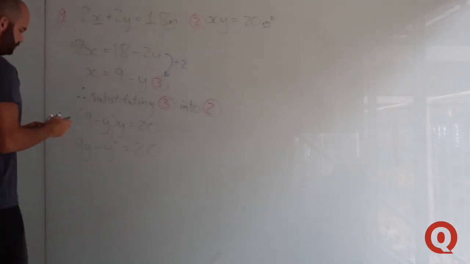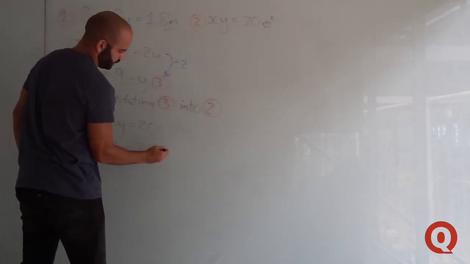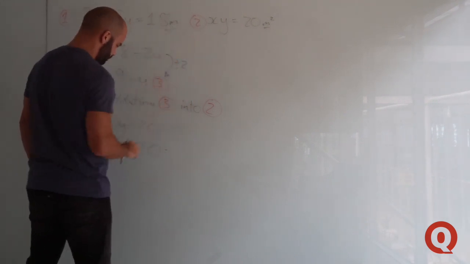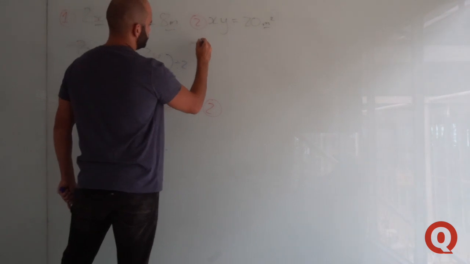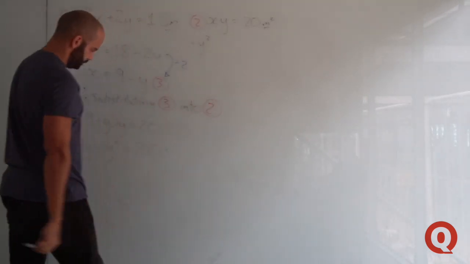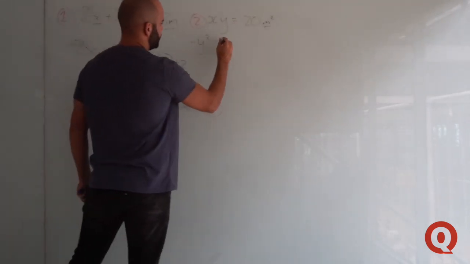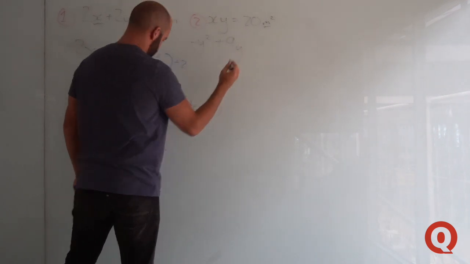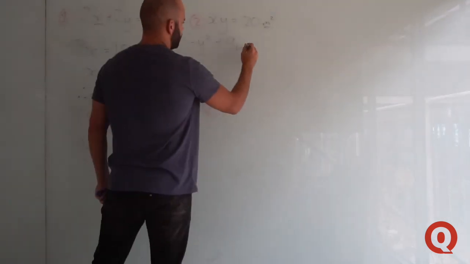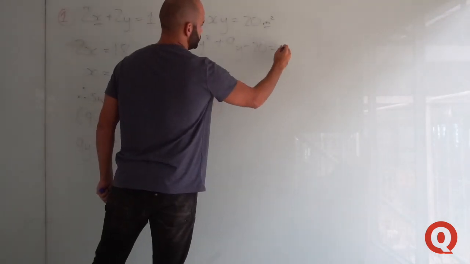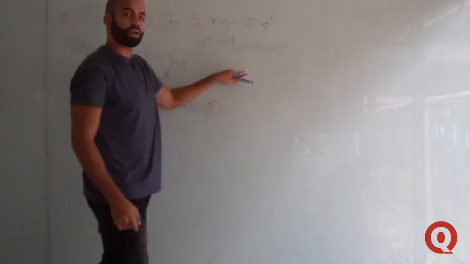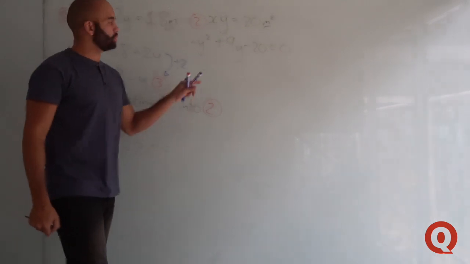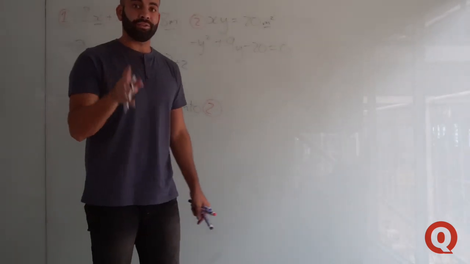You can carry on with the working out further. Over here, building on from this result, you have minus y squared plus 9y minus 20 equals 0. Because you can see this is beginning to look like a quadratic expression, you would want it to be in its standard form.